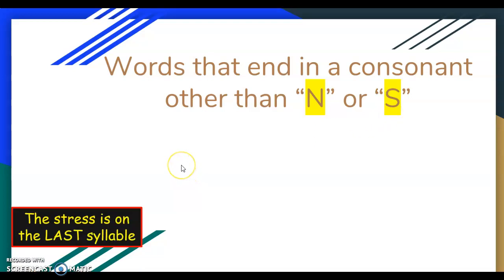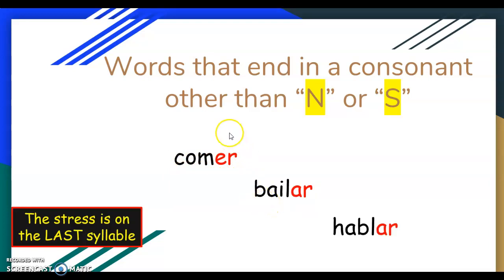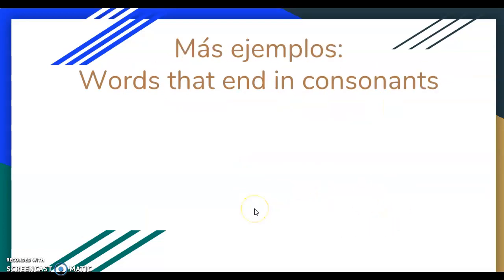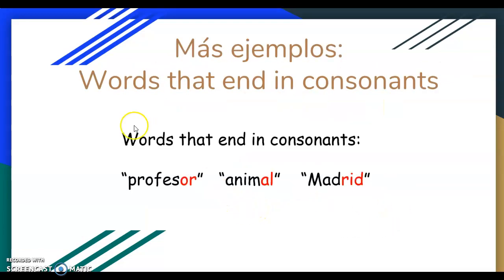For example, all of these infinitive verbs we're learning, comer, bailar, hablar, the stress is on the last syllable. Más ejemplos. Words that end in other consonants, profesor, animal, Madrid. Those are just random consonants, and the stress is on the last syllable rather than the second to last.